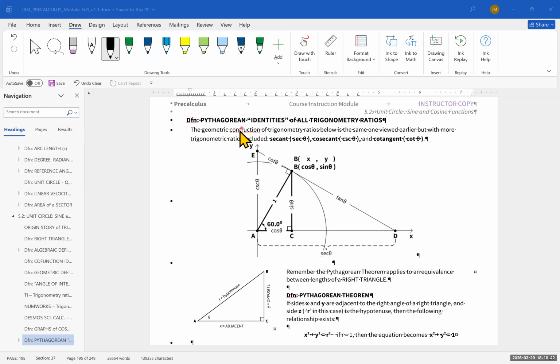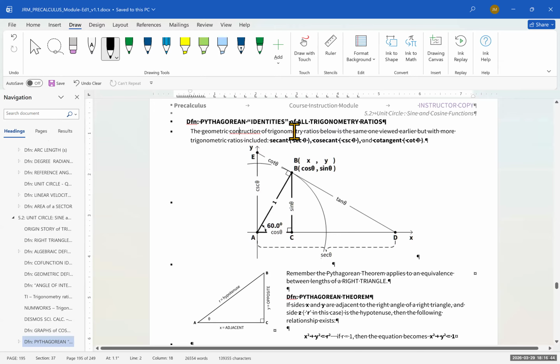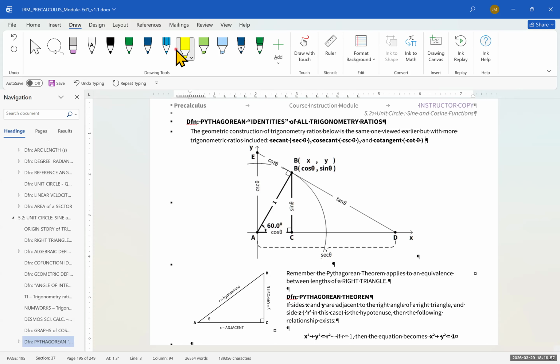So let me correct something here. Okay, so what we have here is this geometric construction, which I've shown you before, but now I've added a few more things. So here, we know that we've got a right triangle inscribed in a unit circle.